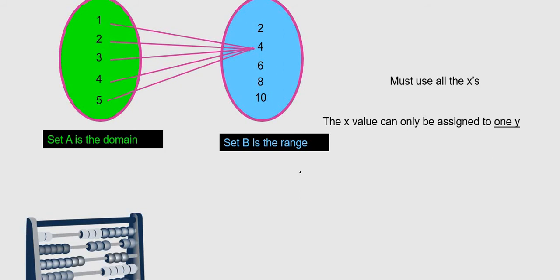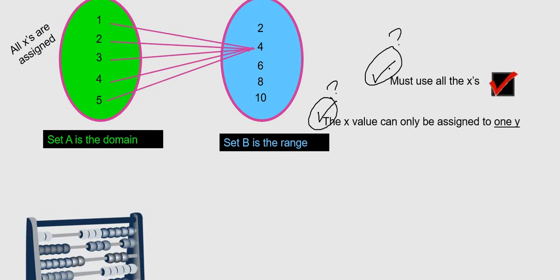Let's see if our conditions are followed: each element in the domain must be used, and the elements in the domain are paired to only one y. As we can see, all the elements in the domain are used because they're all tail ends of the arrow. So that means this is correct.